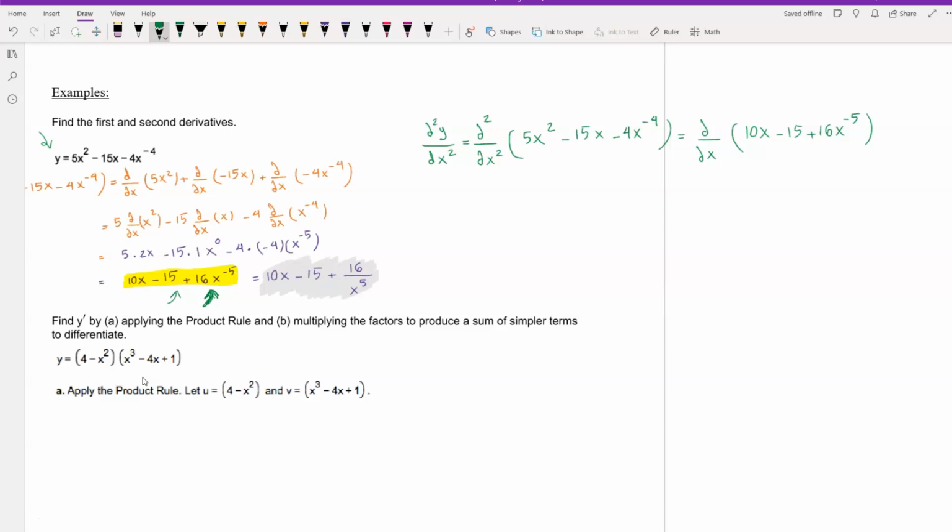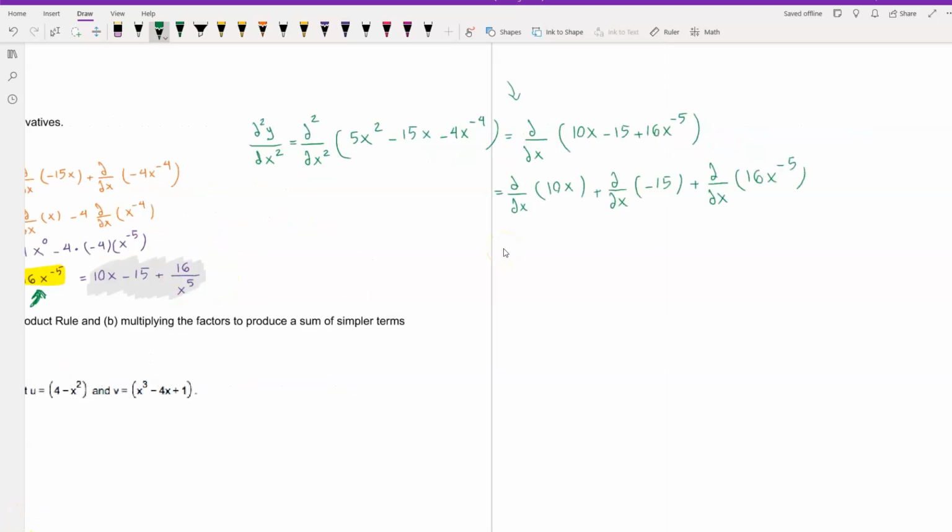So that means this one, if we find the answer for that part, that is second derivative of y. So this is equal to finding derivative of each one individually.